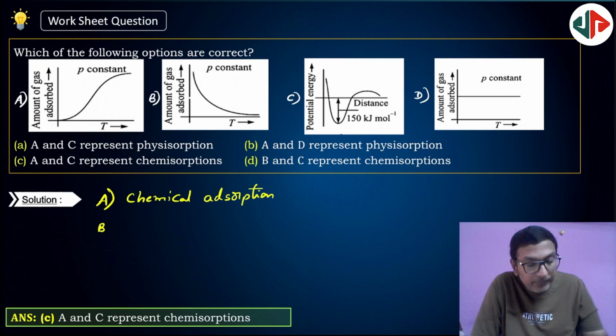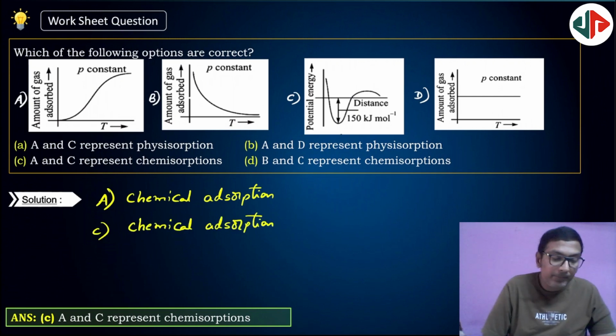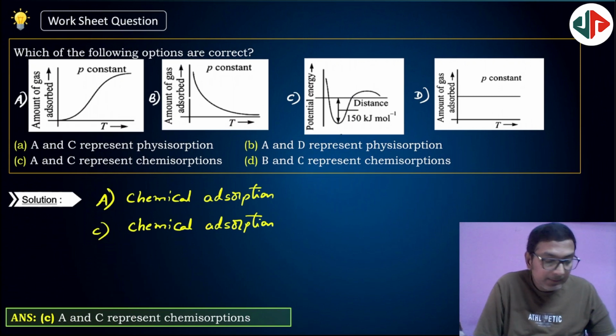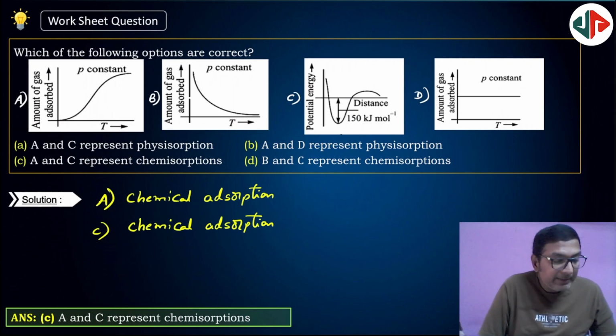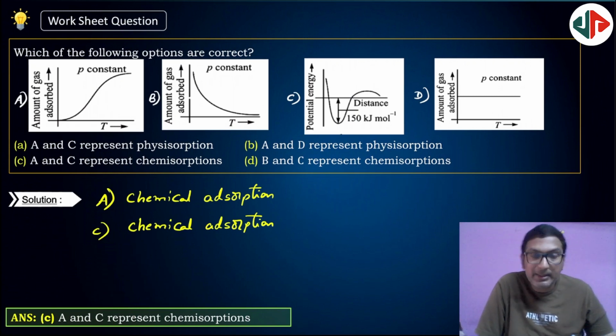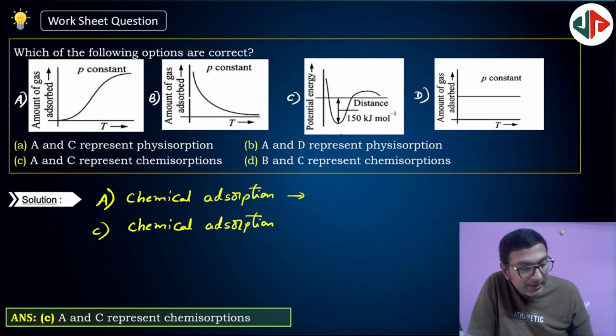Next, C graph represents again chemical adsorption. So why A is chemical adsorption: chemical adsorption requires activation energy.